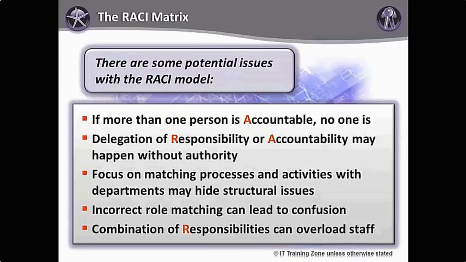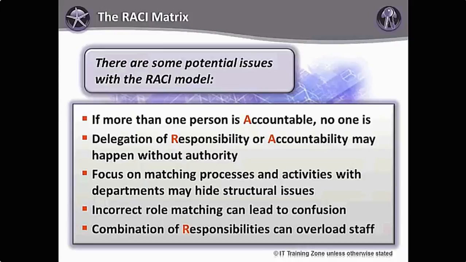There are some potential issues with the RACI model as shown here. If more than one person is accountable for a process, it means that in practice, no one is accountable. Delegation of responsibility or accountability may occur without necessary authority. Focus on matching processes and activities with departments may hide organizational structure issues.